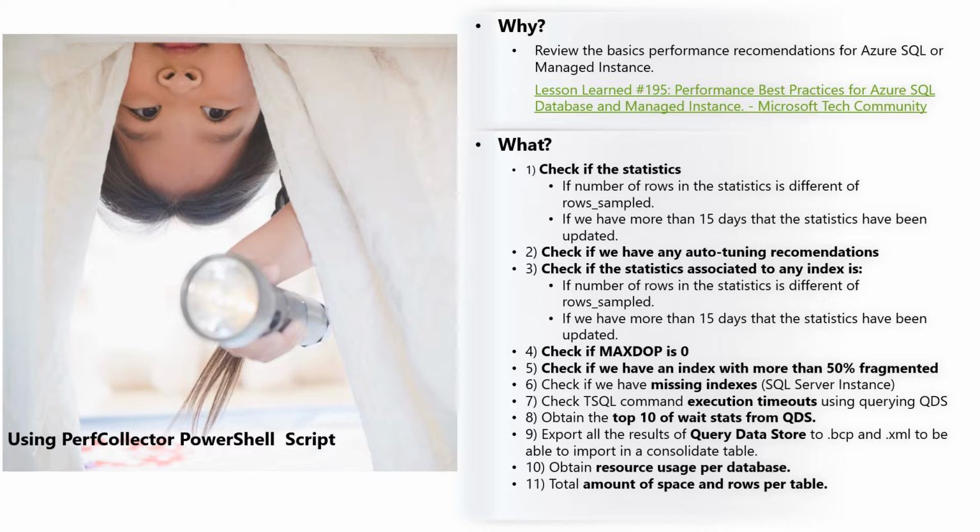It reviews if 50% of the indexes are fragmented, if there are missing indexes, and if any query had previous execution timeouts. It obtains the top 10 weighted statistics from Query Data Store, exports all the results of the DMVs about Query Data Store to BCP files, and obtains the resource usage per database, for example CPU, I/O, etc., and the total amount of space used per table.